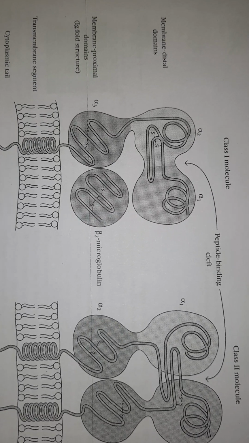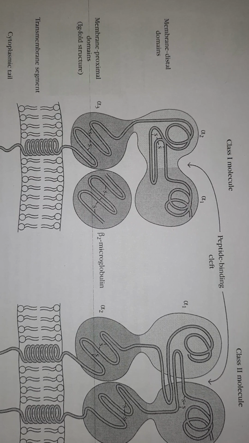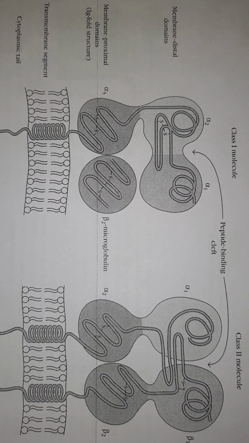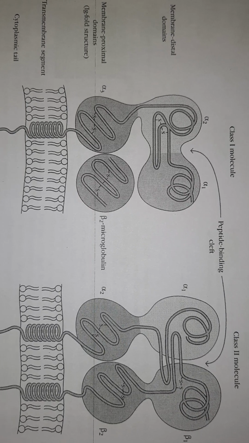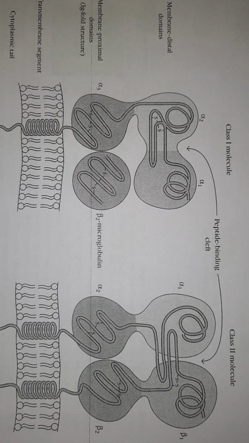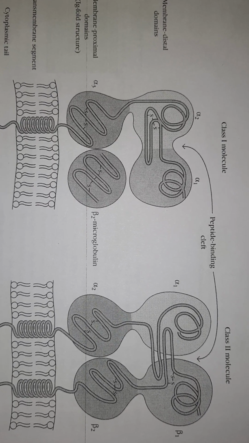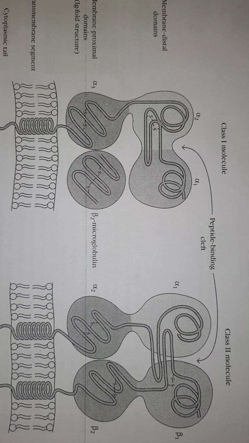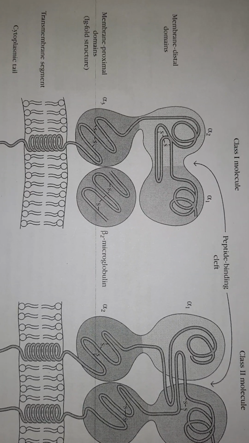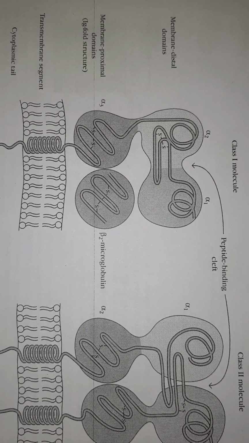It consists of alpha 1, alpha 2, alpha 3 and beta 2 microglobulin. The purification and crystallization of the extracellular portion reveals two pairs of interacting domains. First is the membrane distal pair, made up of alpha 1 and alpha 2 domains, and second is the membrane proximal pair, composed of alpha 3 domain and beta 2 microglobulin.